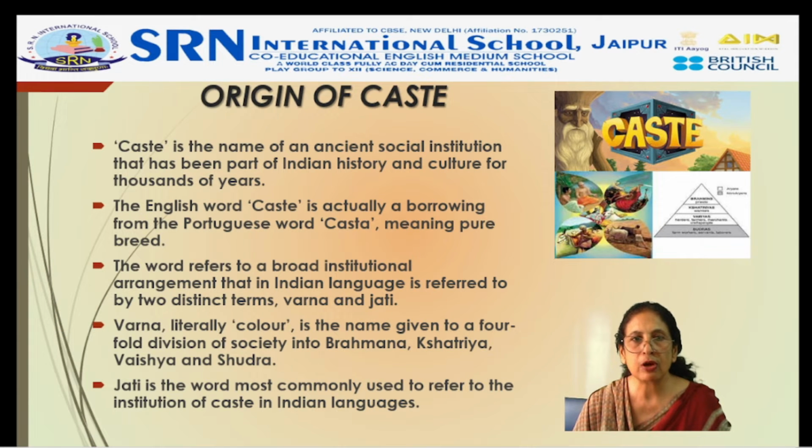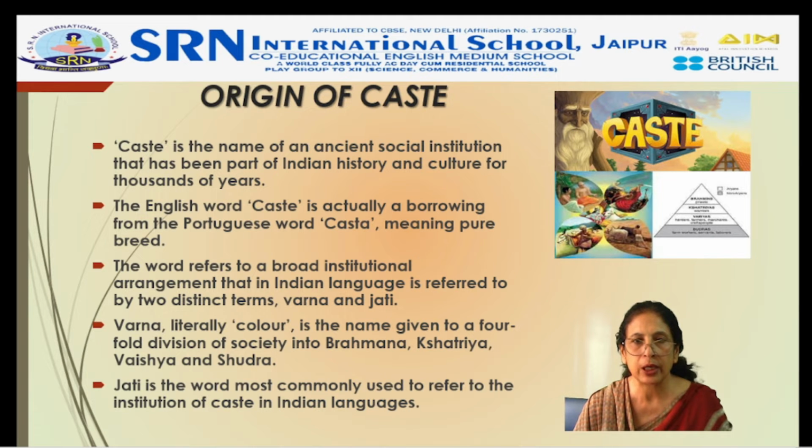Now, origin of caste. Caste is the name of an ancient social institution that has been part of Indian history and culture for thousands of years. The English word caste is actually a borrowing from the Portuguese word casta, which means pure breed. The word refers to a broad institutional arrangement that in Indian languages is referred to by two distinct terms.